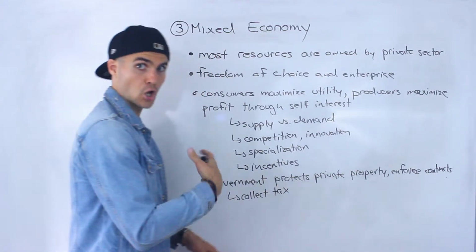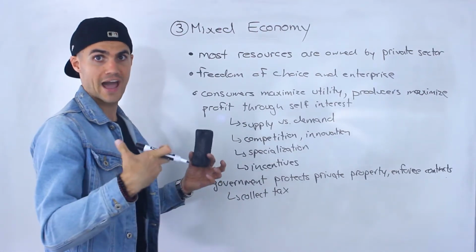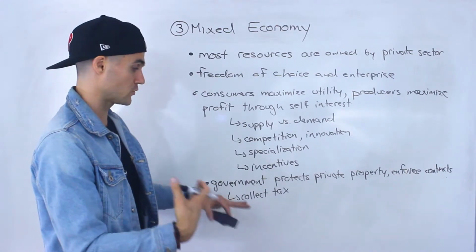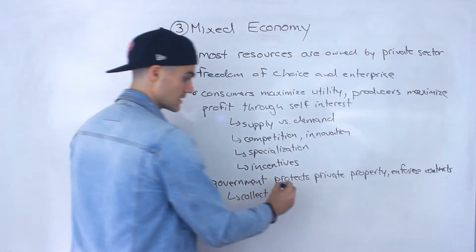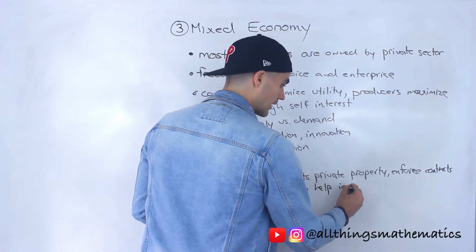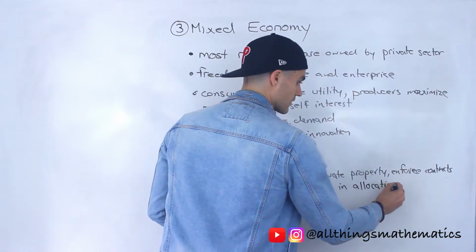So it's not like there's low tax, and it's not like all of the income is taxed in a command system. A portion of everyone's income is taxed to help in allocating resources.